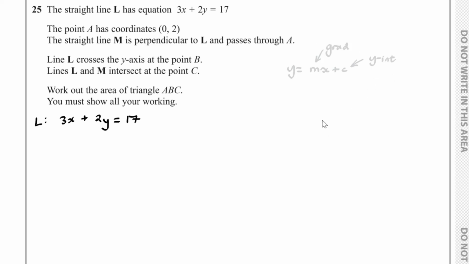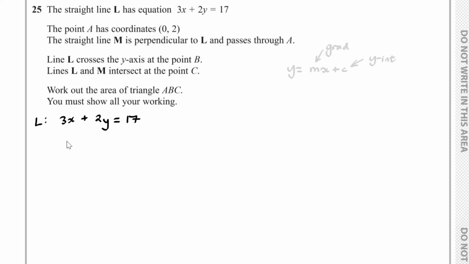The reason I want these is because that will help me progress in the question. And if I know the gradient of this line L, I can use the fact that M and L are perpendicular to each other to find the gradient of M.